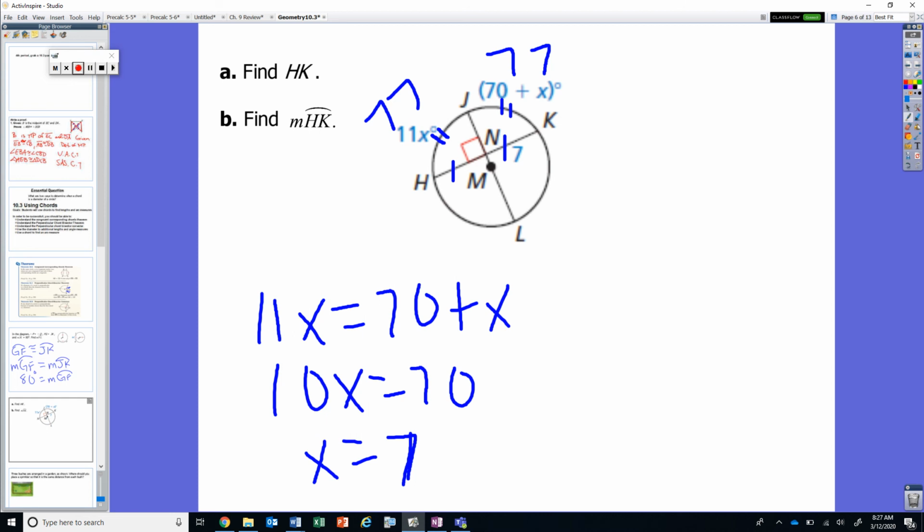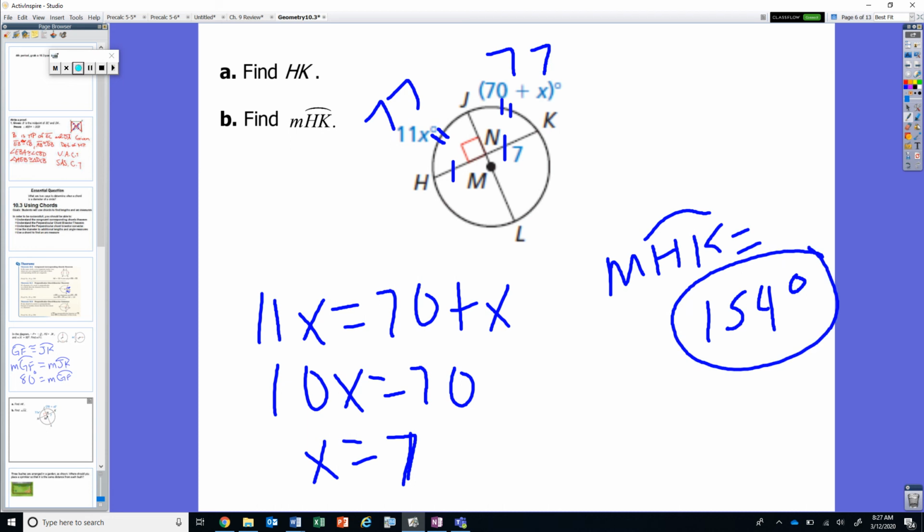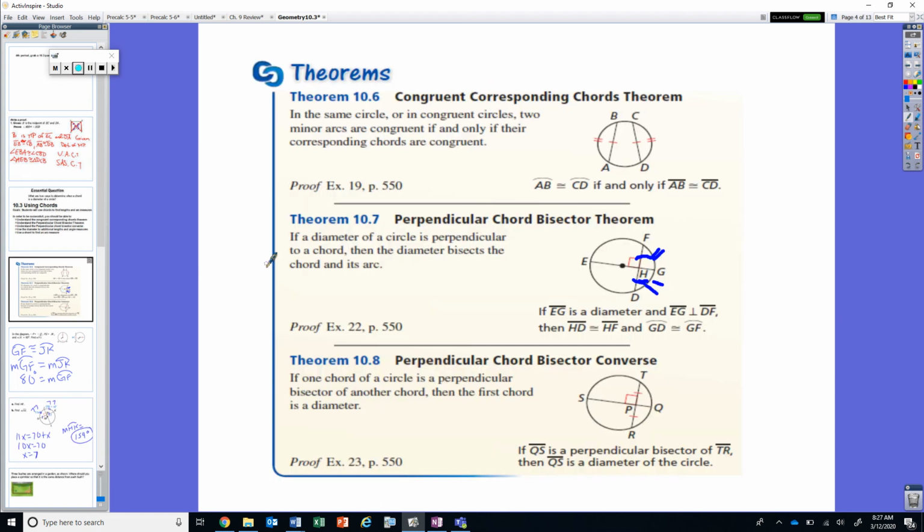So that means the measure of the arc HK would have a measure of 154 degrees. So that is how we can utilize both our perpendicular chord bisector theorem, its converse, and our congruent corresponding chords theorem.